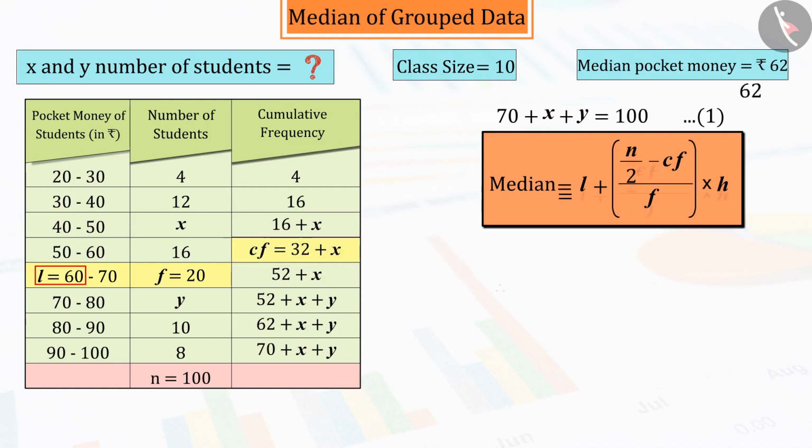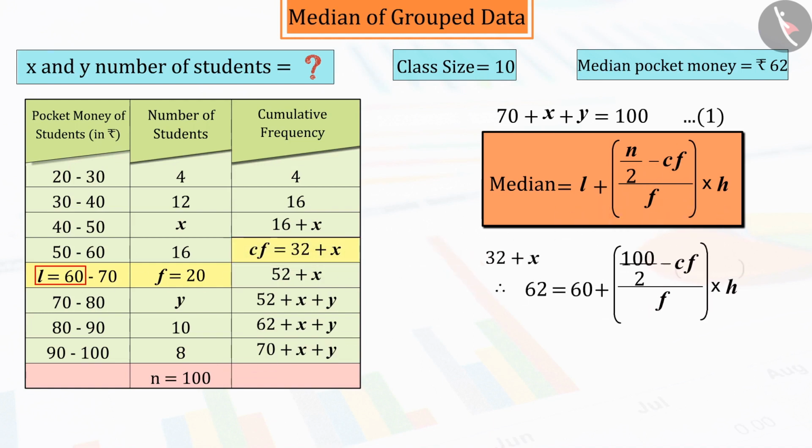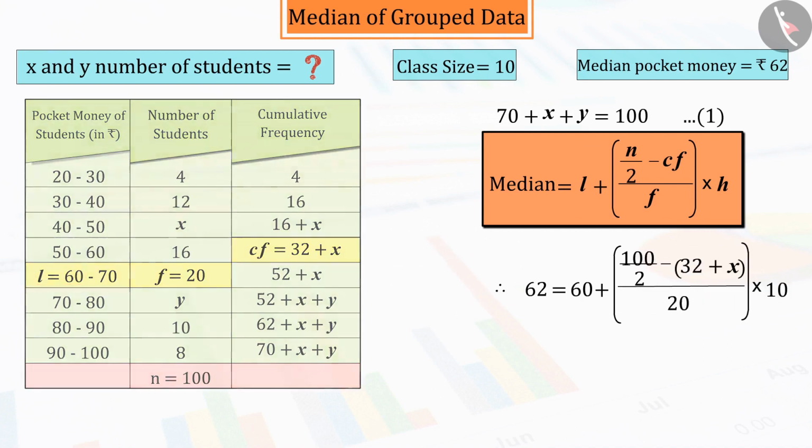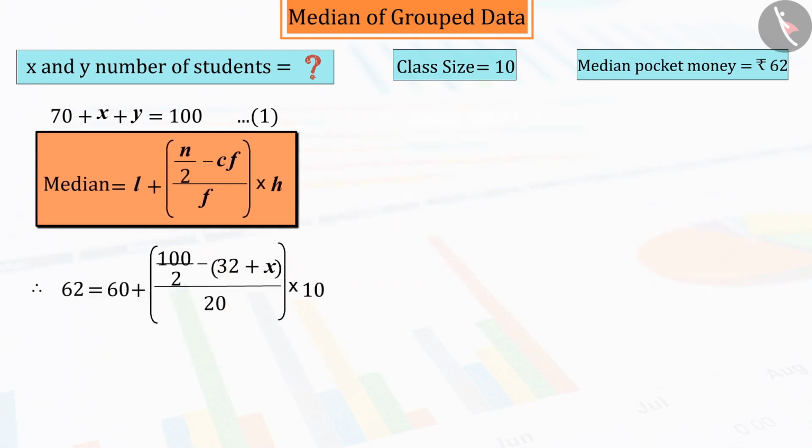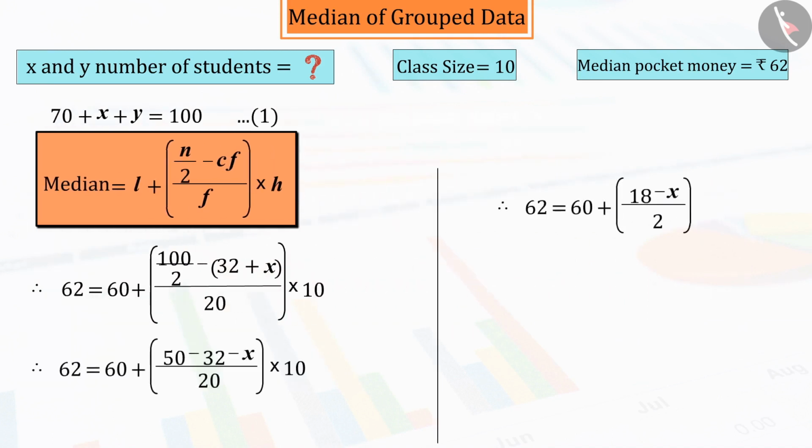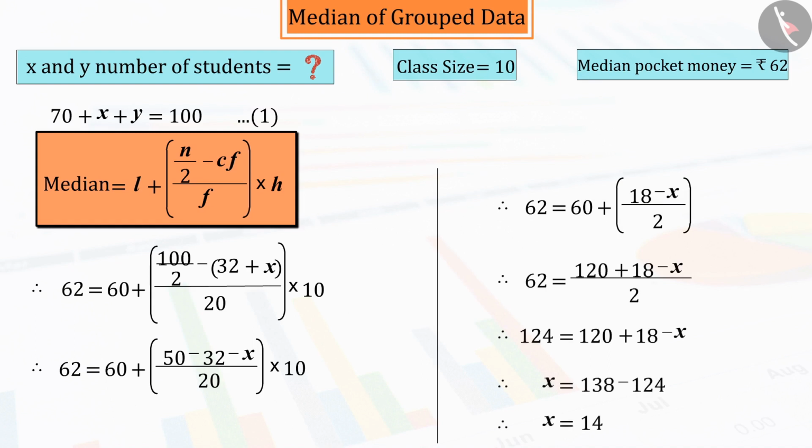Putting all these values in the median formula, we get 14 as the value of x.